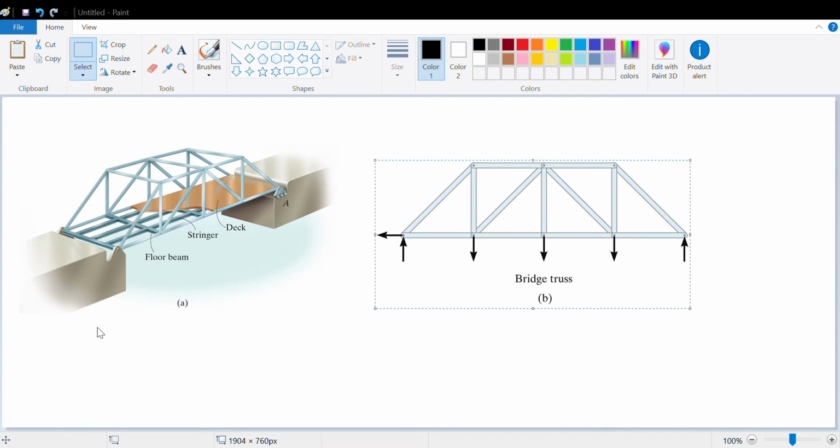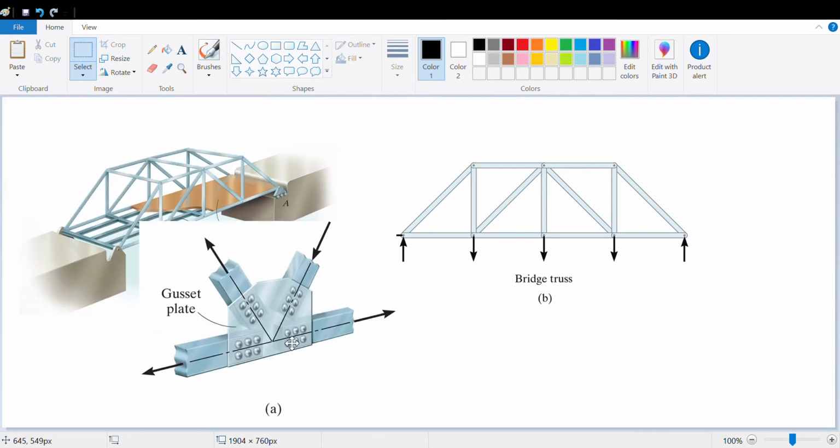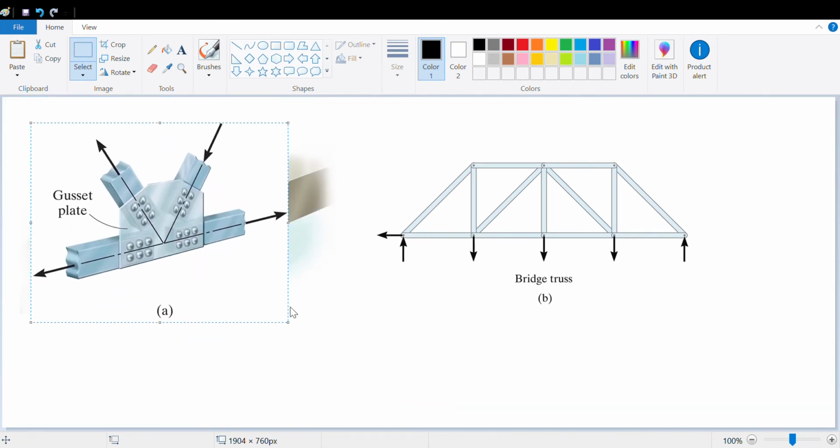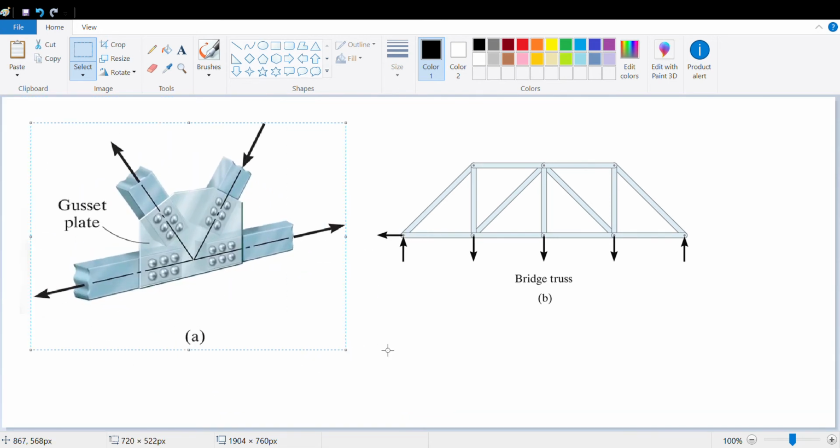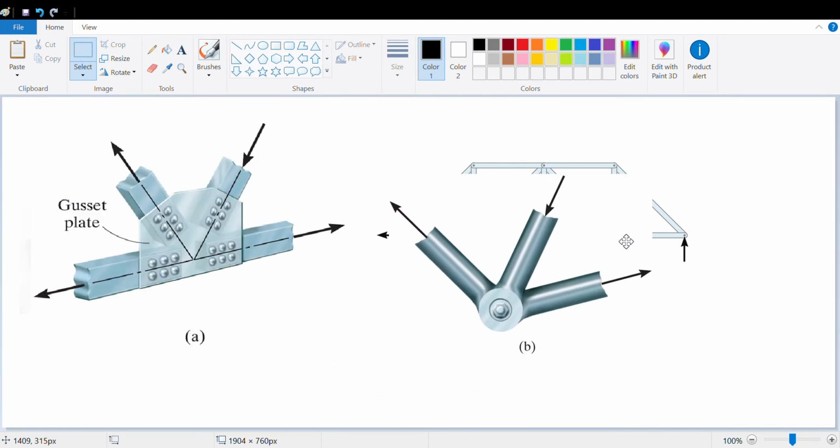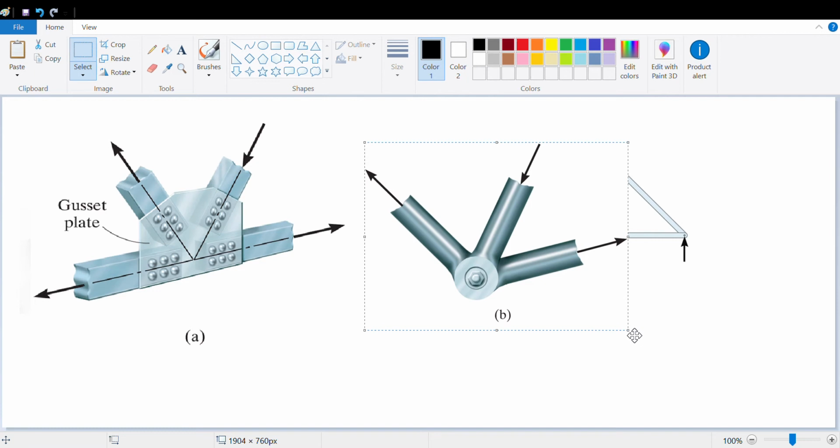The joints will be attached with gusset plates in some cases, plates like the one shown in this picture, which are not exactly smooth pins, but for analysis application we can just consider them to be smooth pins. In other types of structures, we actually do have smooth pins, exactly like we're assuming.